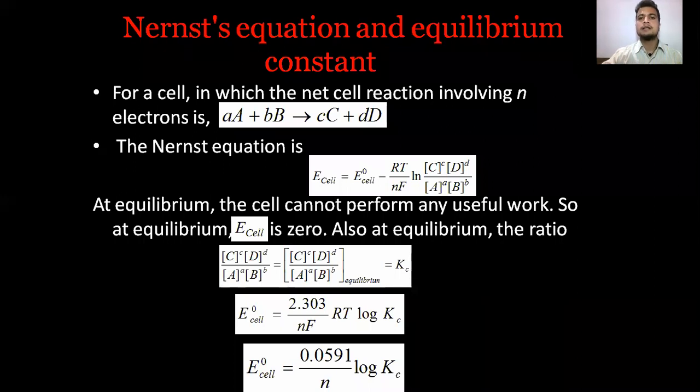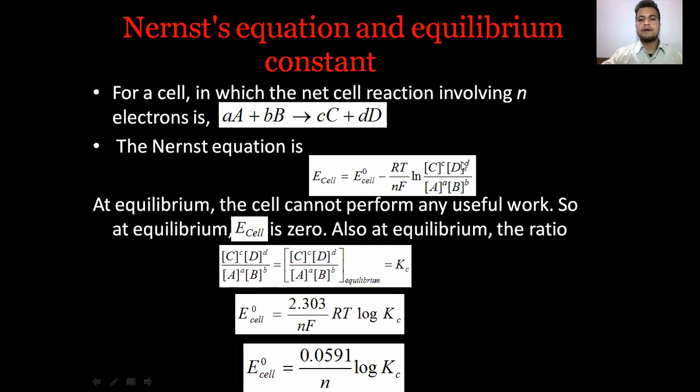It is nothing but the ratio of the equilibrium concentration of the product to that of the reactant, each raised to the power of the stoichiometric coefficient, or in simple words, the number of moles. That is what we learned from the very basics of equilibrium in class 11. So you can clearly see that is your equilibrium constant, which matches with our Nernst equation.